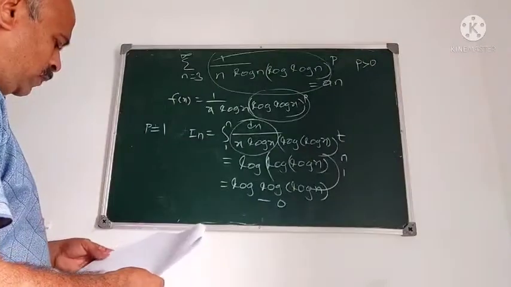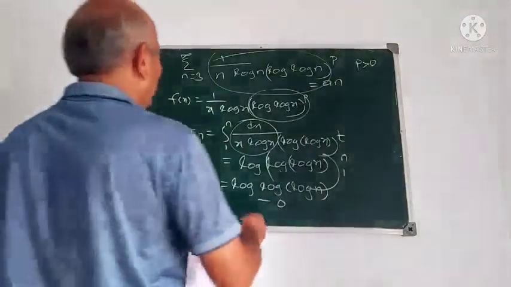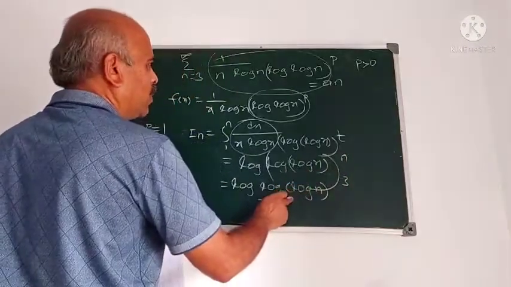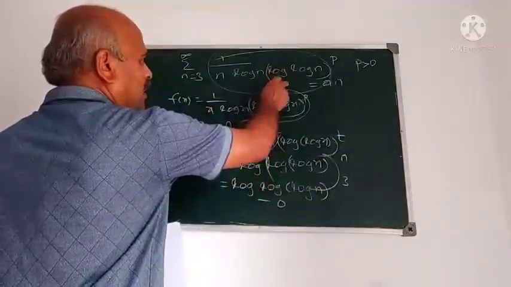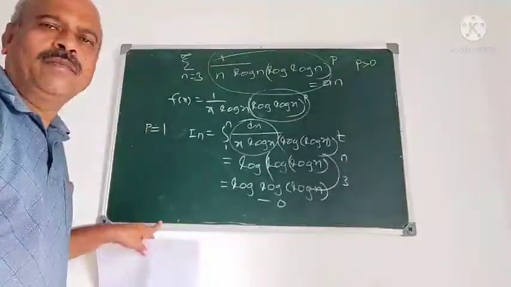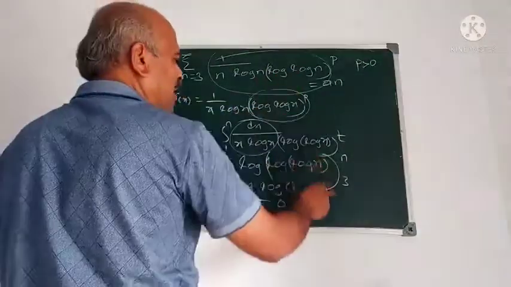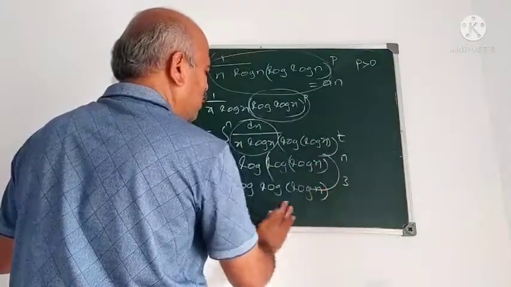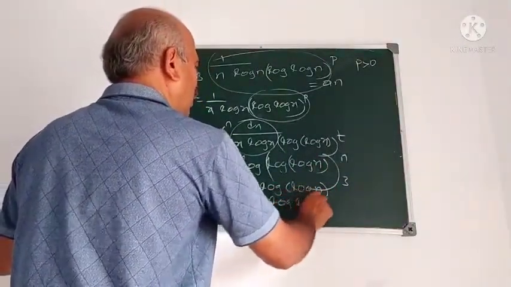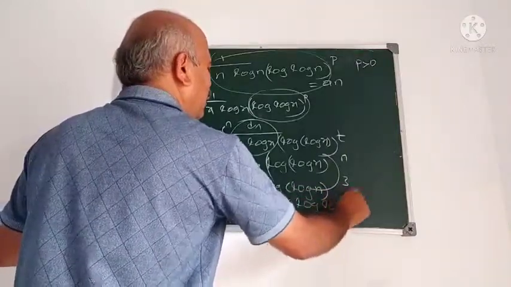Is it from 1? It is not 1. It is from 3 to infinity, because for 1 it is not defined at all. It is monotonically decreasing in 3 to infinity. What is the first condition? Monotonically decreasing and positive in 3 to infinity. Therefore, we take from 3 to infinity. It is log of log n minus log of log 3.